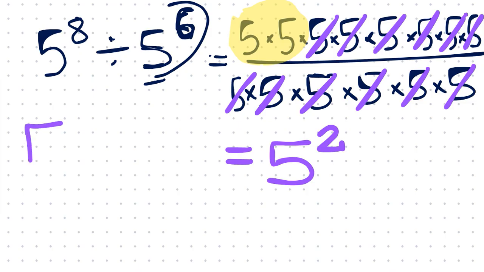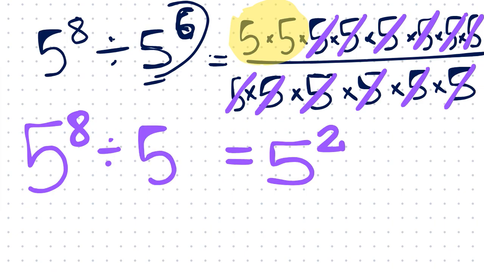So what did we have? 5 to the power of 8 divided by 5 to the power of 6 will give us 5 to the power of 2. Don't we notice that the rule is, if we have division, then we subtract the exponents. So it's going to be 8 minus 6, which is equal to 2.